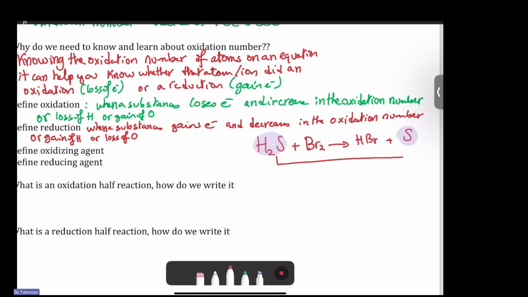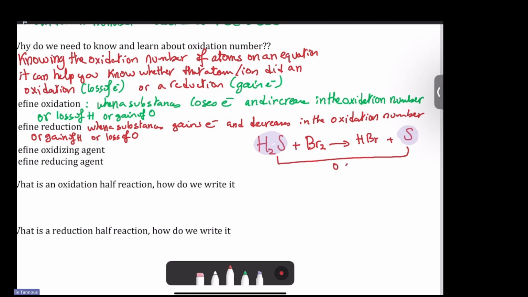So this one is showing loss of hydrogen, means oxidation. However, Br2 now it's with HBr, gain of hydrogen, that's a reduction. And I say that Br2 got reduced and H2S got oxidized.